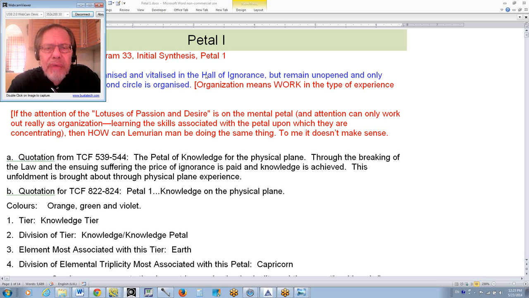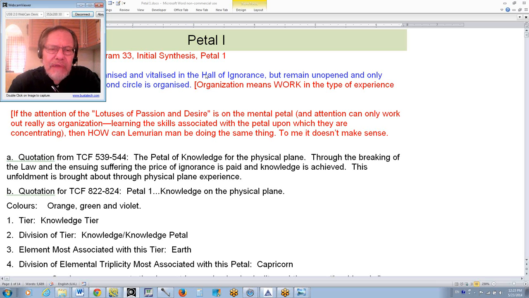This unfoldment is brought about through physical plane experience, and I guess we cannot help but break the law when we come into incarnation. We come into incarnation in many ways in the sign Cancer, and Saturn is in detriment in Cancer. The law is in detriment in our first groping experiences. The main foundational quotations are found in the section from 539 to 544, on which I spent a lot of time.